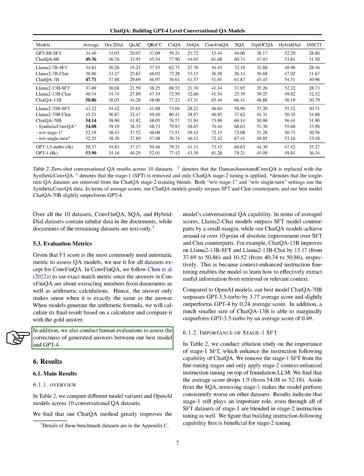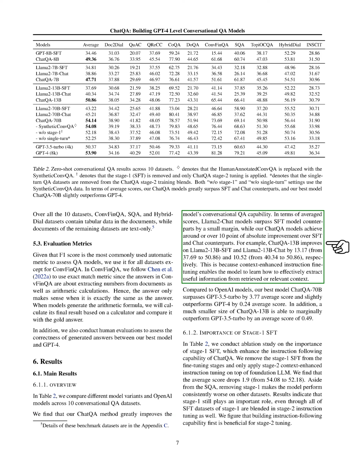We also conduct human evaluations to assess the accuracy of the answers generated by our best model and GPT-4. Our ChatQA method significantly improves the model's conversational QA capability. On average, our Llama 2 chat models slightly outperform the SFT models, while our ChatQA models show around or over a 10-point absolute improvement over SFT and chat models.